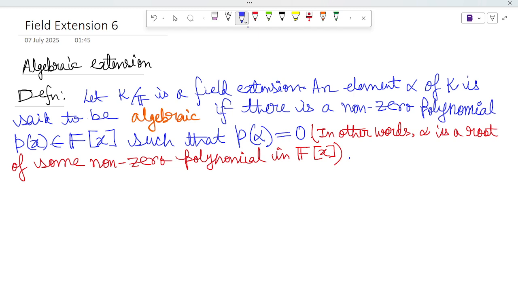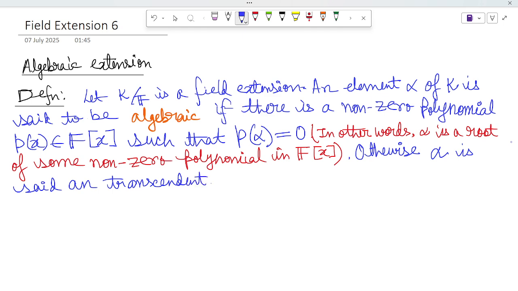Moreover, otherwise, if it is not algebraic, it is said to be a transcendental element of K over F. Fine. Okay.